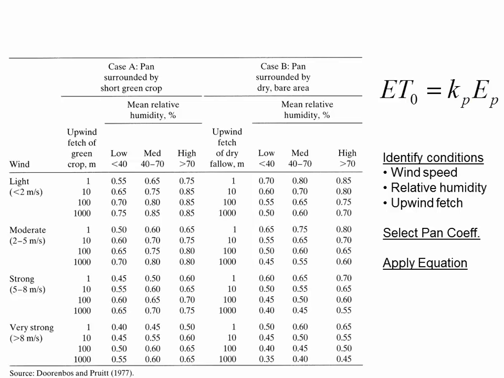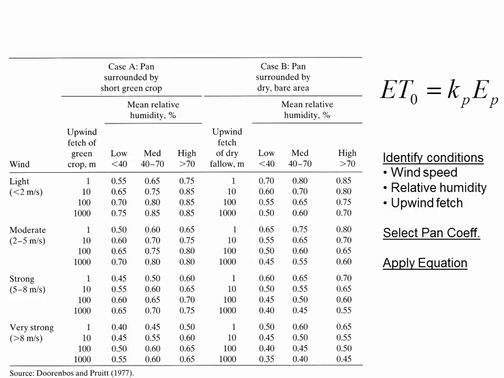The wind speed of 2.7 meters per second puts us in moderate wind, and so we're in the medium moderate wind, and then it has 100 meters on all sides. And so that means regardless of what direction the wind is blowing in, here's our pan, and it's 100 meters to the edge of the field.